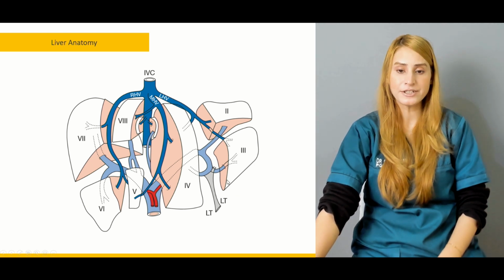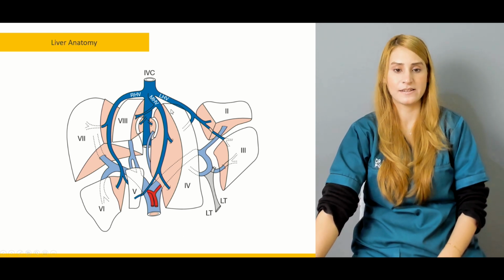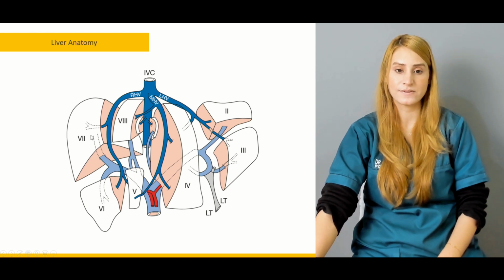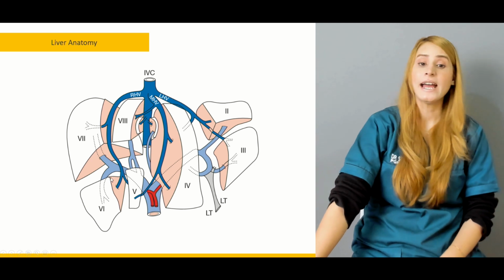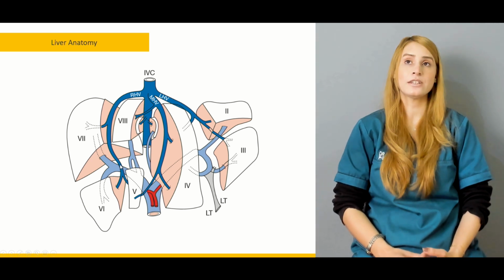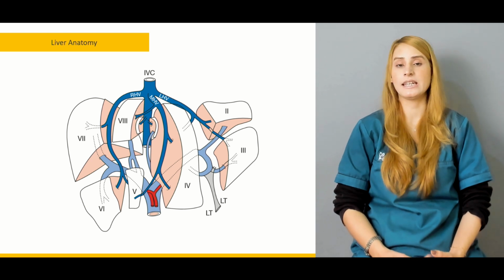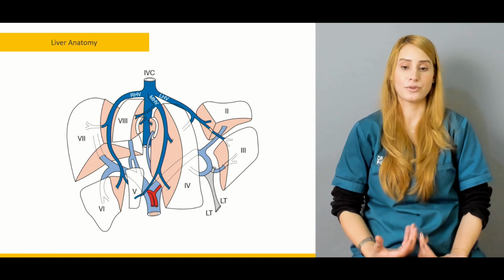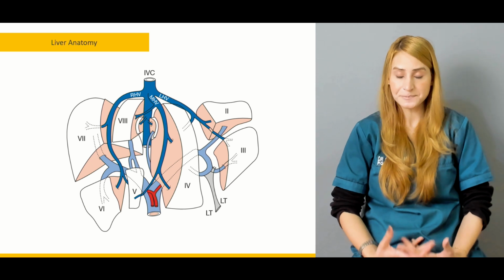The lower part of the left lobe is zone 3, and the one in the middle is zone 4. Then this is zone 5, this is zone 6, this is zone 7, and this is zone 8. Why is it important to divide? Because it matters when you are surgically resecting the liver, so that's why it's important to divide the liver into lobes.